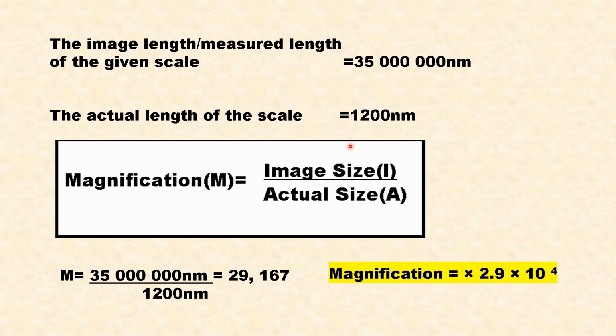So we will use the same formula as before, and here we have to divide 35 million by 1200, which gives approximately 29,167. Since the question requires the answer in standard form and 2 significant figures, we express this as 2.9 × 10 to the power 4 times magnification.